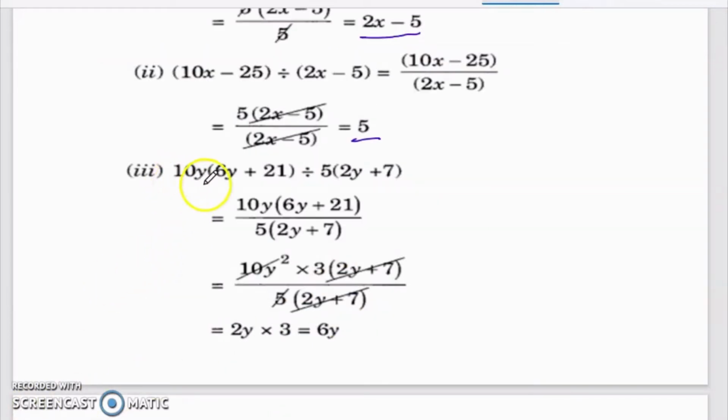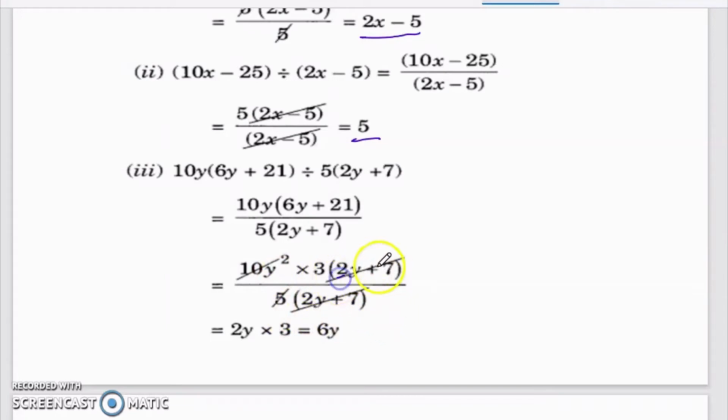So third one is 10y into (6y + 21) divided by 5 into (2y + 7). So here between 6y + 21 you can take 3 common. 3 is a common factor of 6y and 21. So it can be written as 10y into 3 into (2y + 7) divided by 5 into (2y + 7).